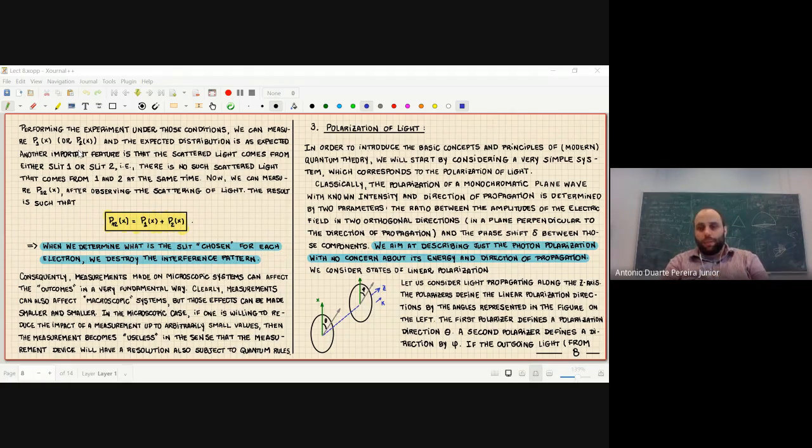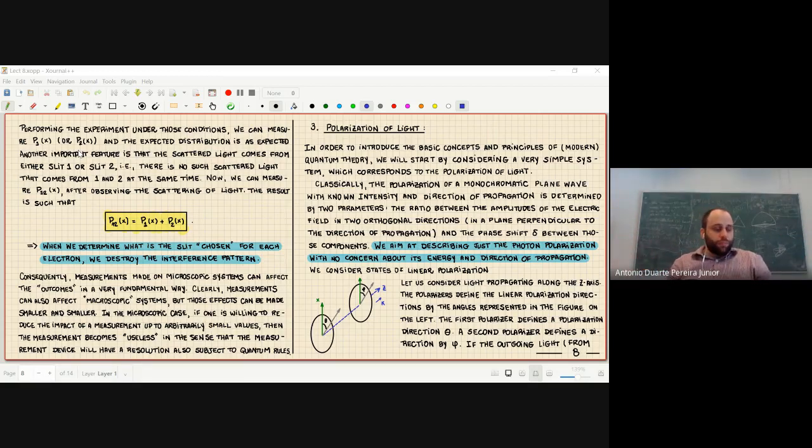I want to emphasize that this is different from the situation with classical particles, where a particle will go through one slit or the other slit, so a particle will choose which slit it is passing through.